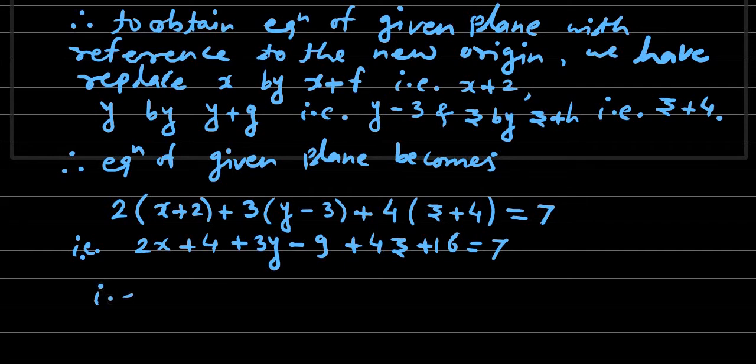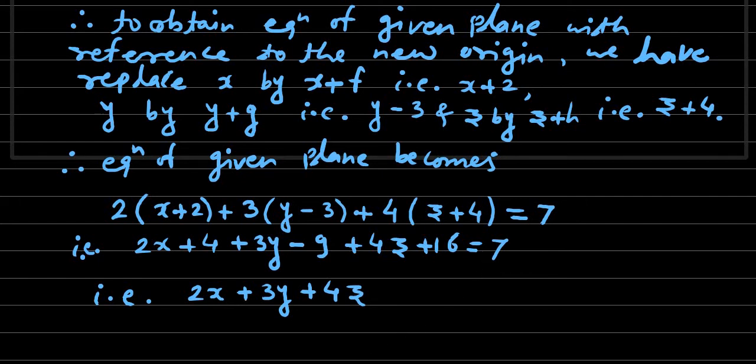This can be simplified further. So after simplification this gives 2x plus 3y plus 4z, then this 4 plus 16 is 20, 20 minus 9 is 11, this 11 when transferred to the right hand side becomes minus 11, so 7 minus 11 means minus 4.